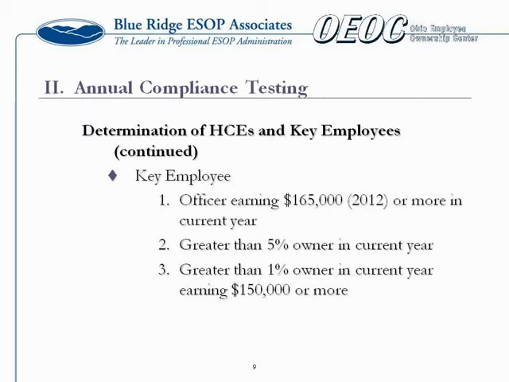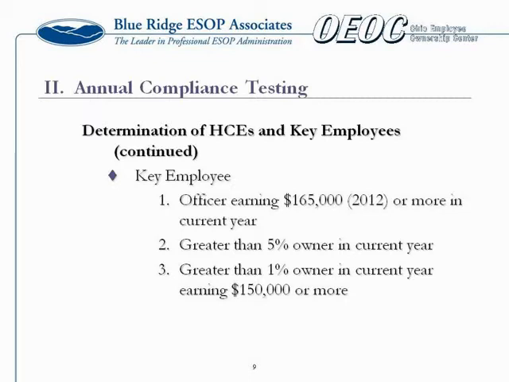Number 1, if you're an officer earning over $165,000 in the current year. Same 5% owner in the current year definition: if you're a greater than 5% stockholder. Or, and this third one is not ever inflation adjusted for whatever reason, I don't know why, if you're a greater than 1% owner in the company stock in the current year and you earn more than $150,000.